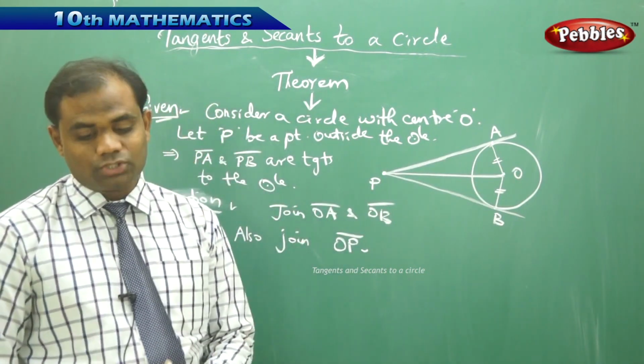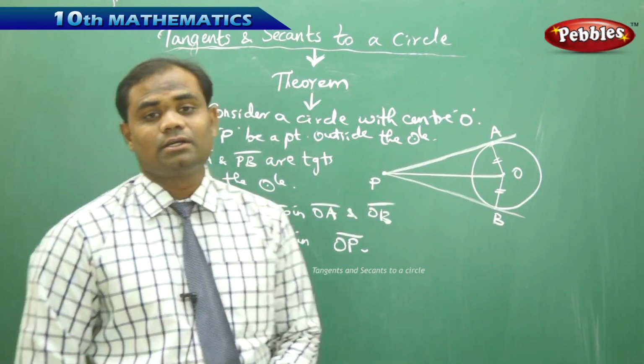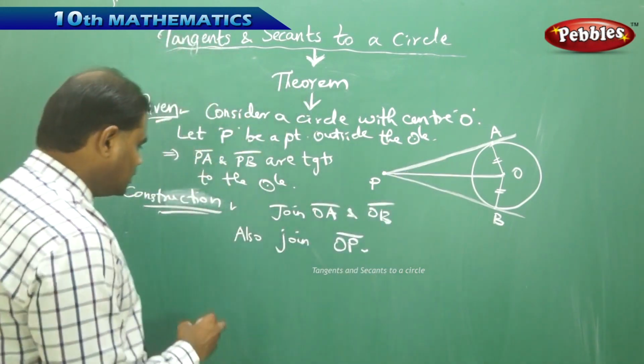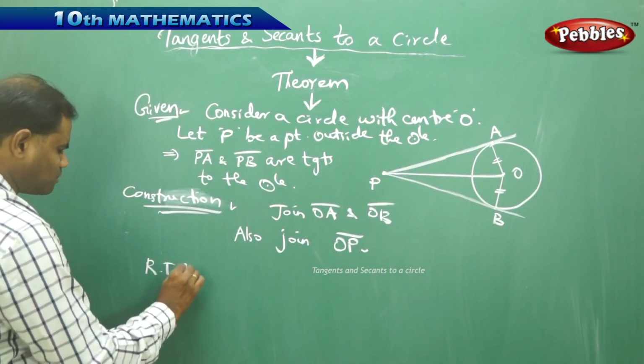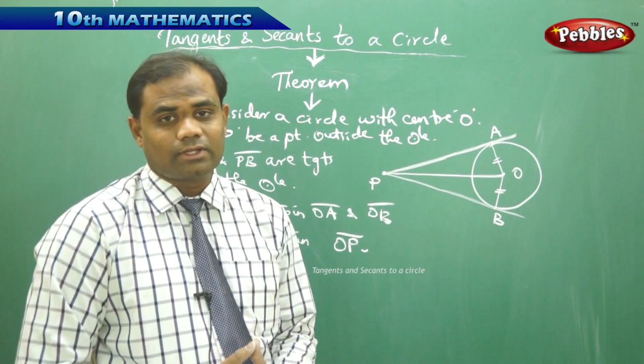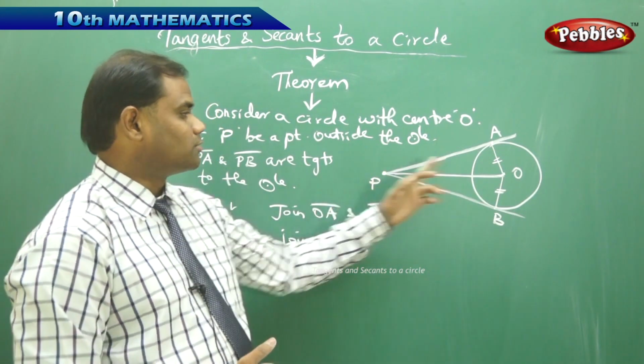Now let's use some of the geometrical properties to understand how we can prove this. Finally, the thing I need to prove is that the lengths of the tangents from an external point to the circle are equal.